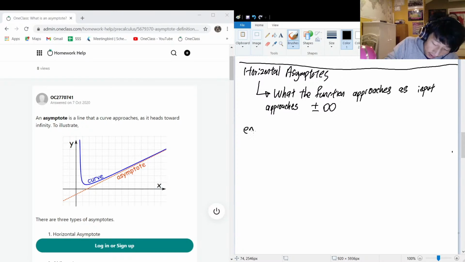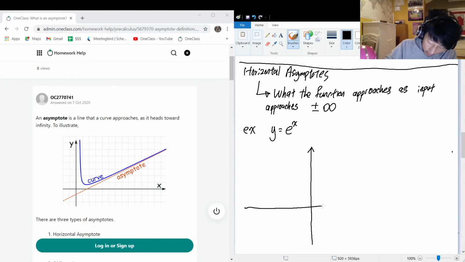If we have, for example, y is equal to e to the power of x, e being Euler's number, which is really just 2.718. The actual value is not really important. It's just to show that on an exponential function like this, here we have x, here we have y, which is equal to e to the power of x. Here we're going to have 1. Our function is going to look a little something like this.